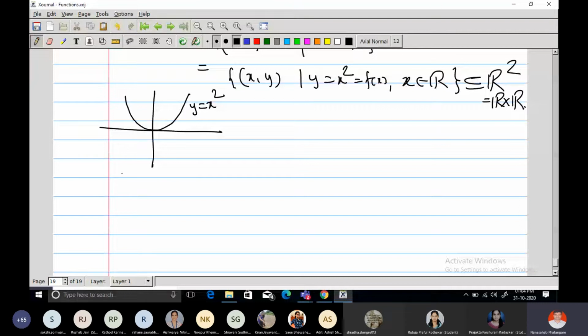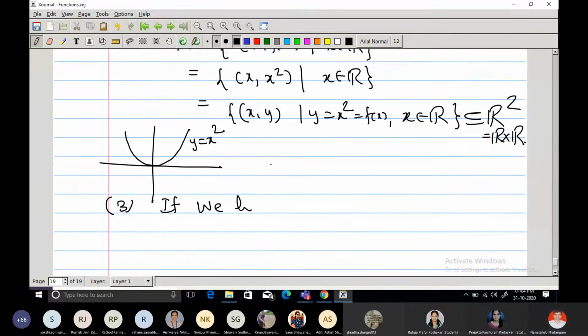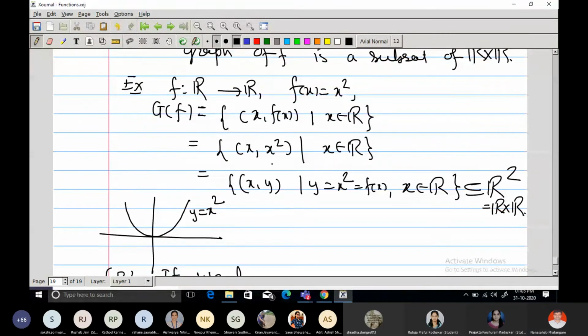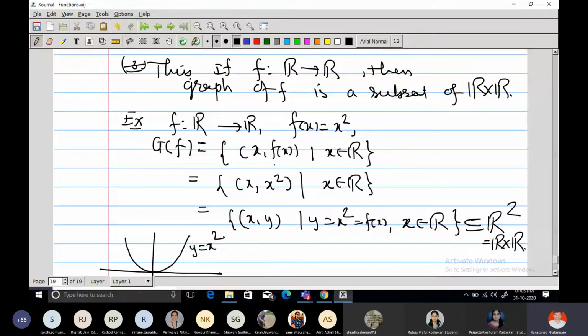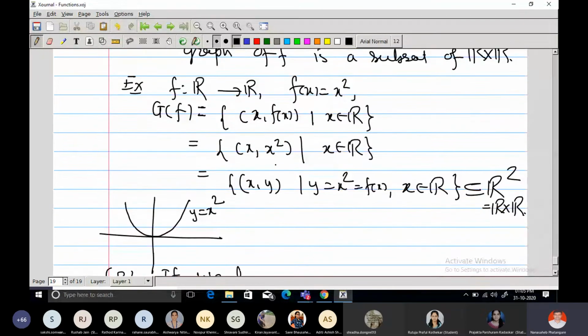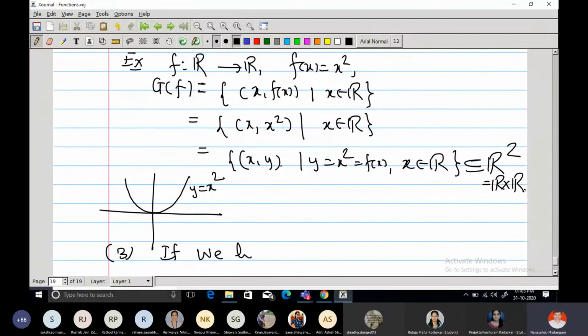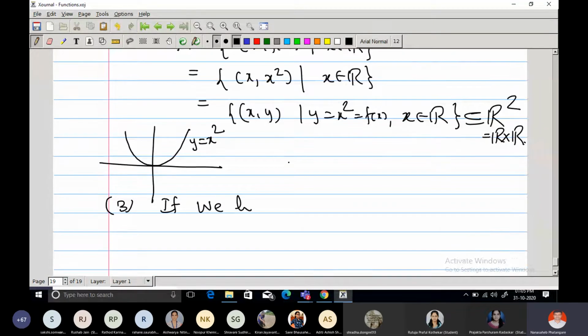Now the question I asked last time. What is the reverse process? What does this example or previous discussion suggest? If you have a function from R to R, then it gives us a subset of R cross R, which is the graph of that function.